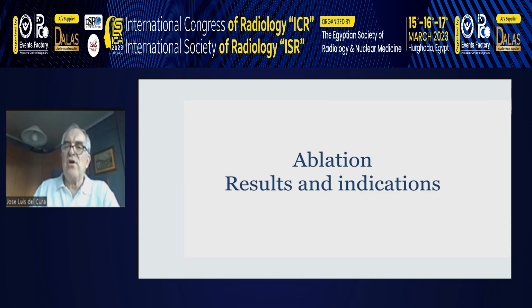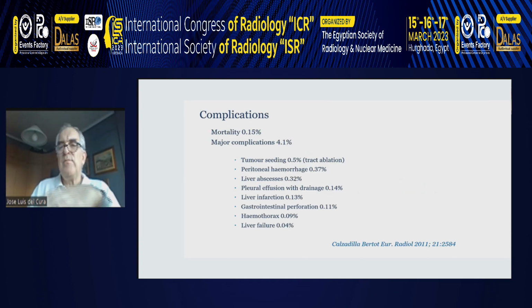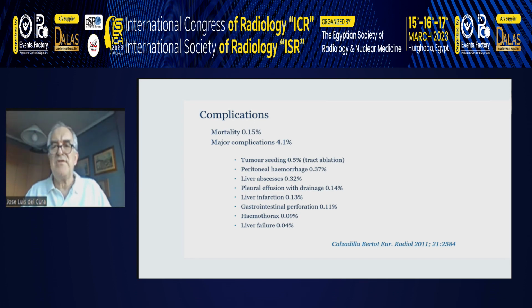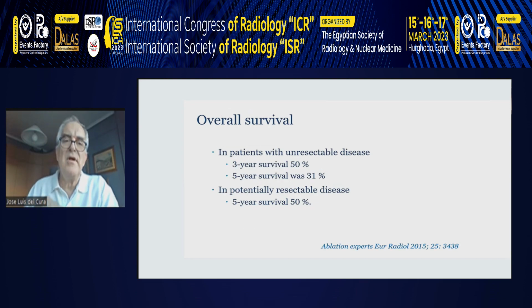What about results and indication? First of all, the most important benefit of these techniques is the lower number of complications compared with surgery. Major complications are below about 4%, and mortality is exceptional.